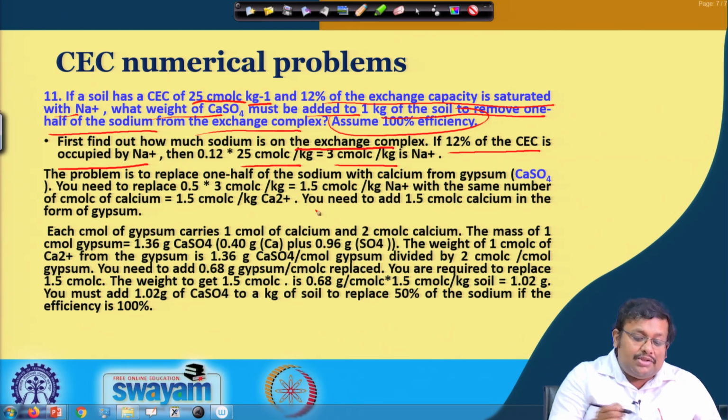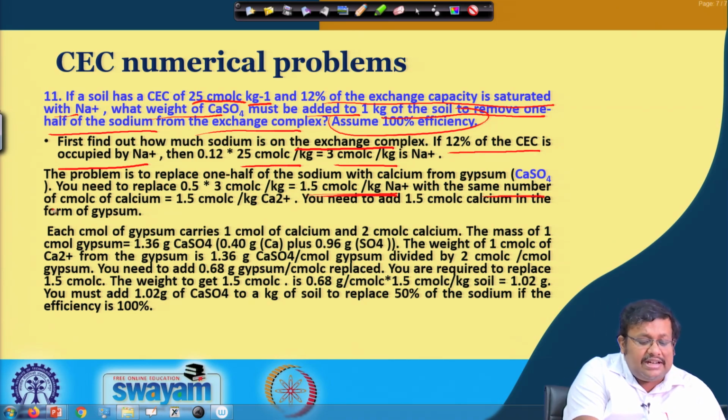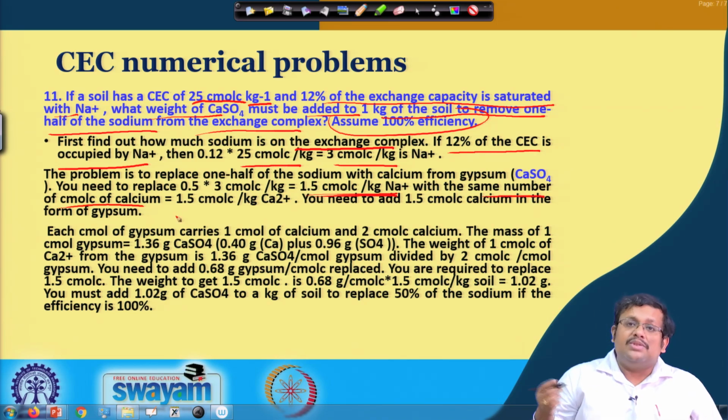Now, the problem is to replace 1/2 of the sodium with calcium from gypsum. So, we need to replace half of 3 centimolar charge per kg, that is 1.5 centimolar charge per kg of sodium, with the same number of centimolar charge of calcium, because according to the thumb rule 1 centimolar charge of any cation can replace 1 centimolar charge of any other cation.